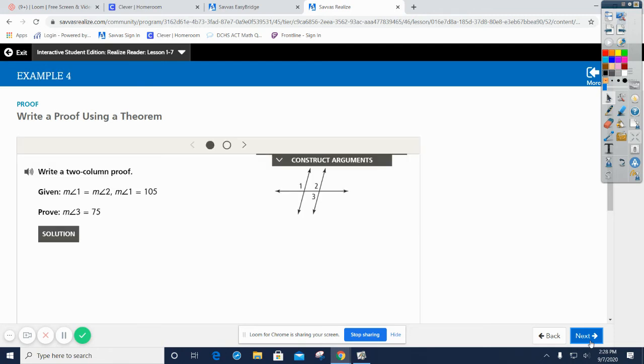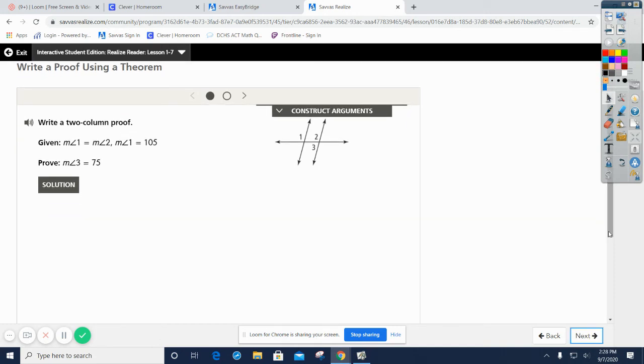So, write a proof using a theorem. Let's look at a couple more proofs here, and then we should be to the last questions on the back. So here's what we're doing. It says given that angle 1 is equal to angle 2 and angle 1 equals 105, you're trying to prove that angle 3 here is 75.